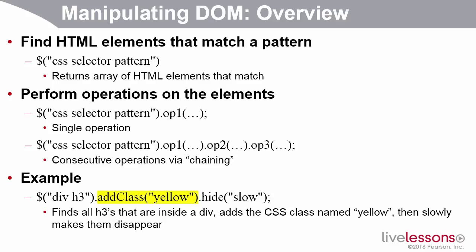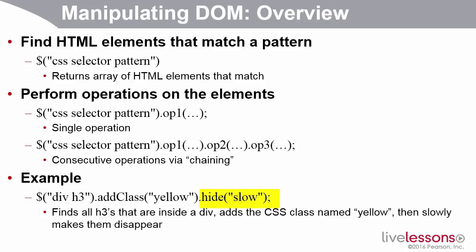So that highlighted part will have no effect unless your CSS file has a CSS class name, remember, they start with dots in your CSS file, called yellow. And then the result of calling addClass returns the original array. In other words, that highlighted part here returns the same thing that the original lookup returned. And so then I can do another operation, like maybe hide them.